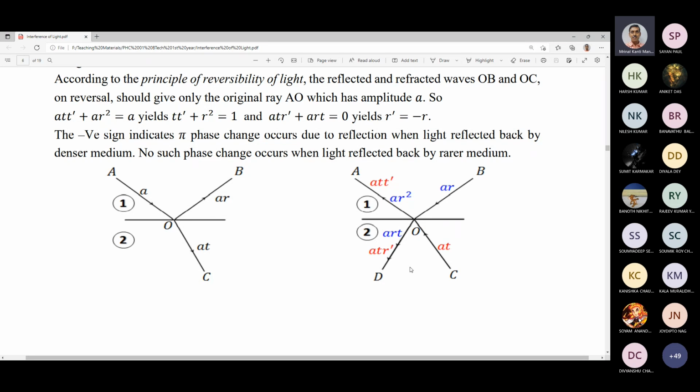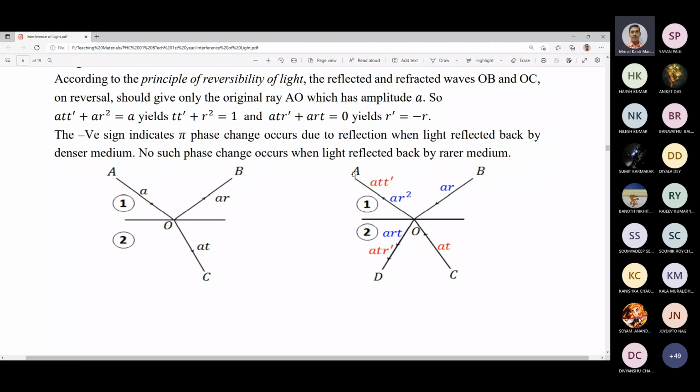So this beam of amplitude AT will produce one reflected beam ATR prime and a transmitted beam ATT prime.